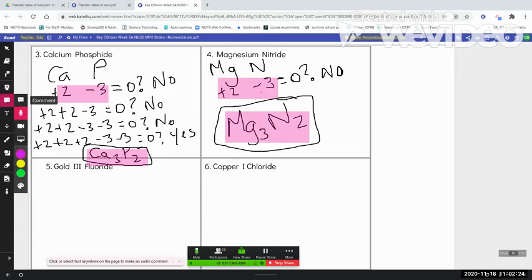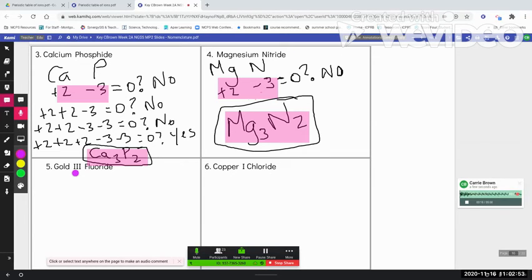Now I just need to record the voice comment. So when you see Roman numerals written in, the Roman numeral tells you the charge on the metal or the cation, which is the first element or first name in the compound. So that is our way of realizing that some elements have multiple charges.